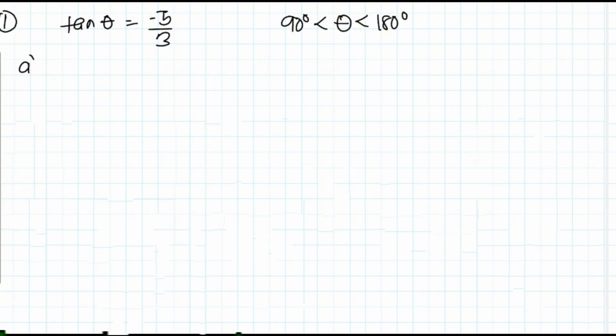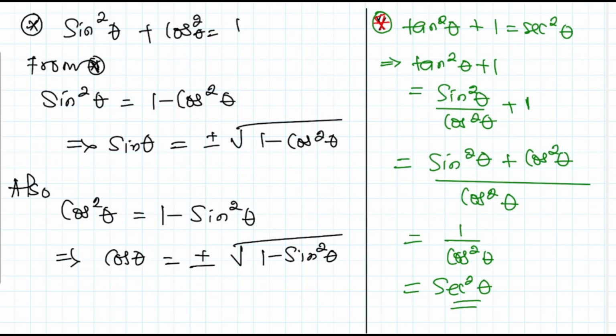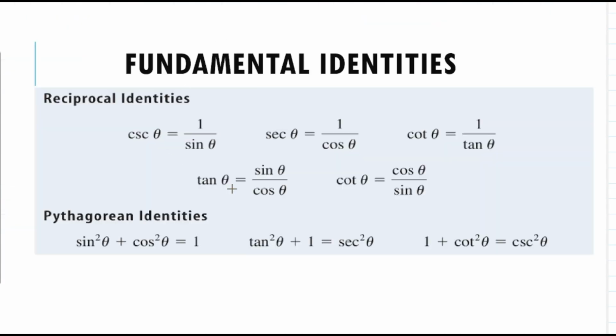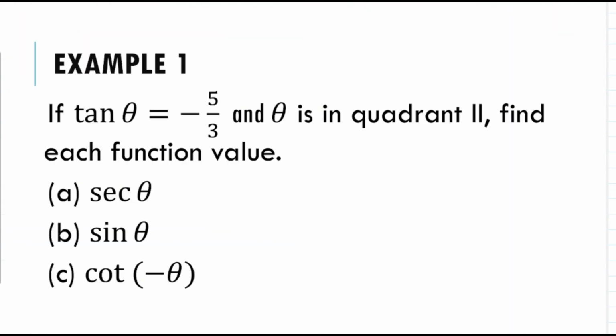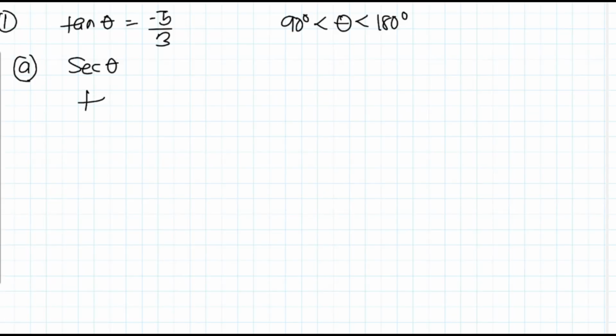To solve a, we want to find sec theta. So go to our fundamental identities. Which one relates tan theta and sec theta? This identity. So tan square theta plus 1 equals sec square theta, right?